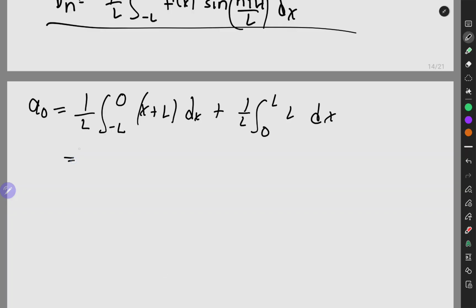Let's go ahead and do this really quickly. I can do both of these in my head at the same time. If you take that L out, that L's going to cancel. That's it.